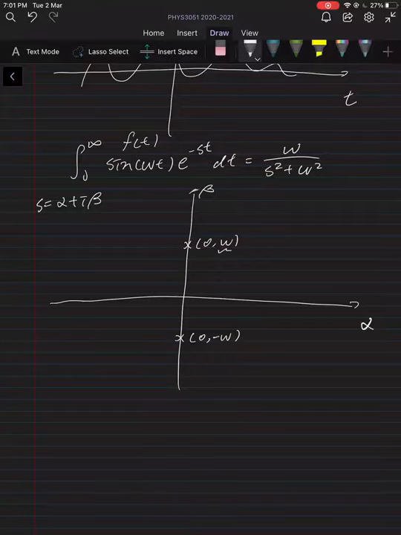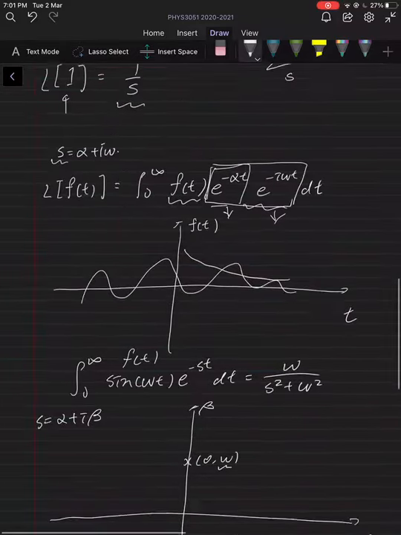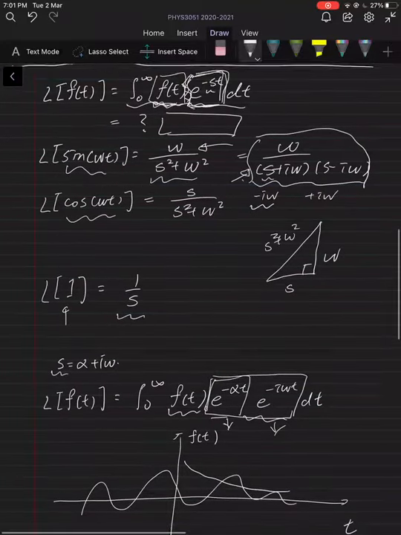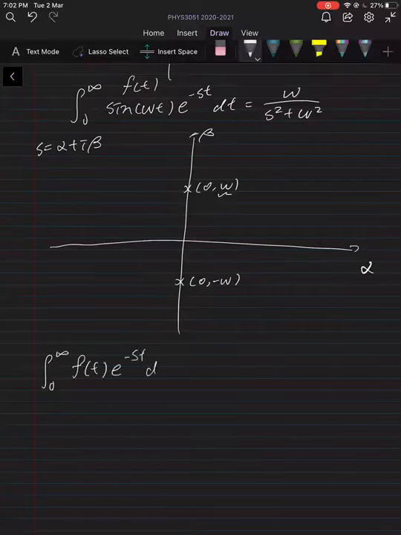And you can imagine, when you do the Laplace transform, okay, let me write it this way. So it will be equal to some expression.